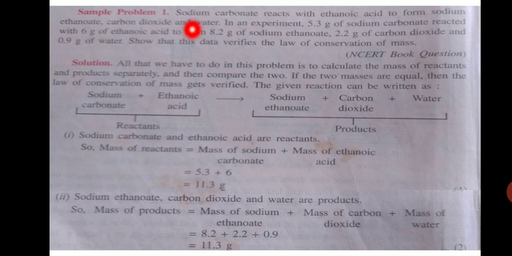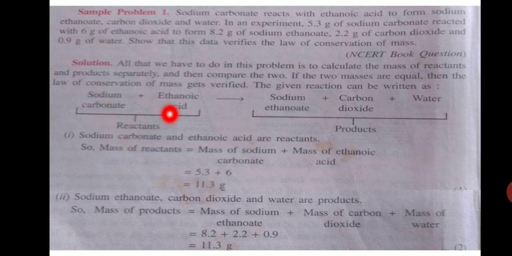Sodium carbonate reacts with ethanoic acid to form sodium ethanoate, carbon dioxide and water. So remember, here there are three products. Sodium carbonate reacts with ethanoic acid, so reacts with means both of them are reacting together. That will be the reactant.